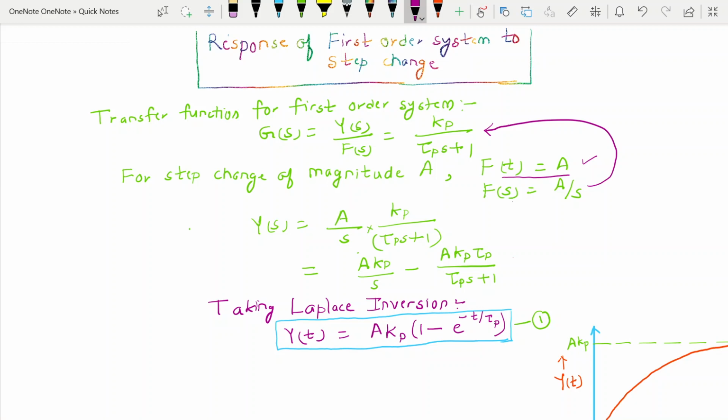So now I am factorizing this one. So this becomes A Kp by s minus A Kp τp by τp s plus 1. So now what I am doing, I am taking the Laplace inversion of this equation.